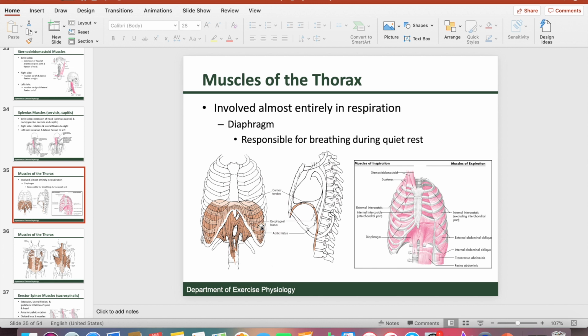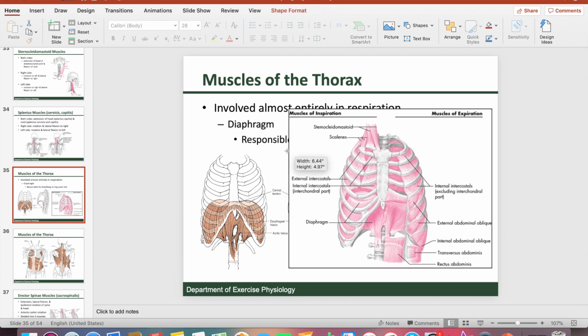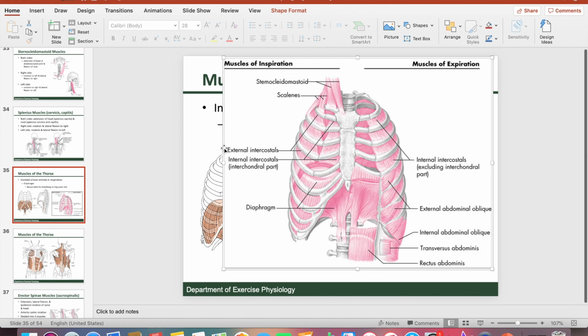So at rest, the majority of breathing is done with the diaphragm. But what I want to focus on here are these accessory motions. I'm going to make this a little larger so we can see it. Notice all the muscles that have origins and insertions in a position to expand the rib cage are here on the left, and these are muscles that we use to breathe in: sternocleidomastoid, scalenes, external intercostals, and diaphragm. On the right-hand side, these are muscles to force air out.